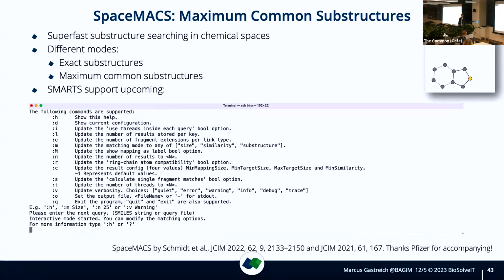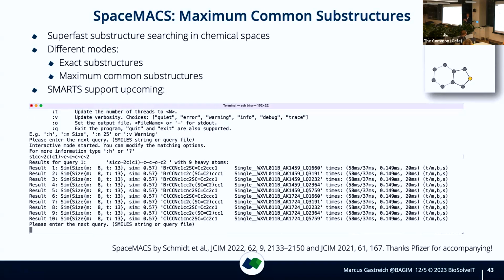It spits out those ranked by the quality of the substructure match. So what you see here is it says the match is 8 atoms, whereas our query has 9 heavy atoms. We match 8 out of those with a molecule that has 13 atoms in total.